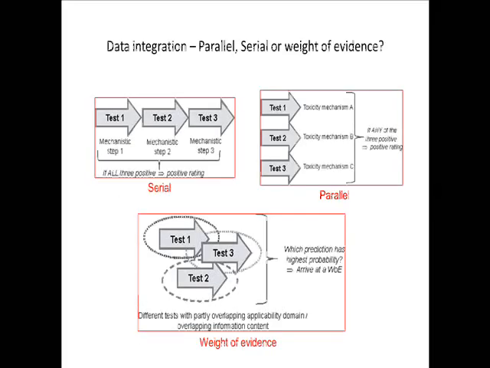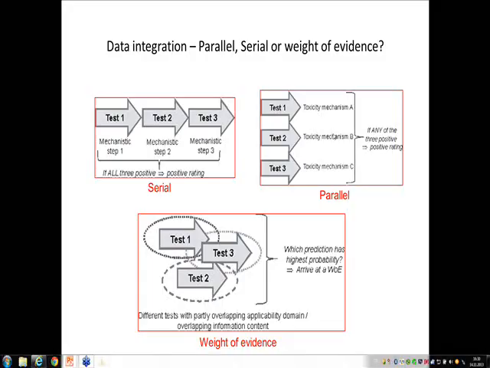First of all, some general considerations. So when we talk about integrated testing strategy, what is the reason why we need an integrated testing strategy? And basically there are two very clear rationales. On the top left, you see if we have a case where we have several mechanistic steps and each in vitro test only mimics one of them, then we like to combine them together in a serial manner.